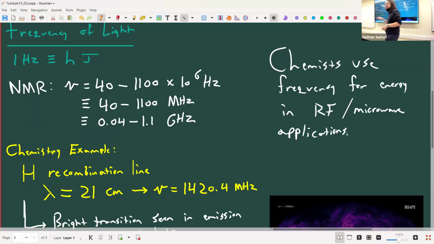Right, for instance, the water in your hot pocket resonates really effectively at 2.4 gigahertz in the microwave oven. That's why your microwave oven resonates at 2.4. Water is being absorbed within that region. Right, we always talk about that in gigahertz.